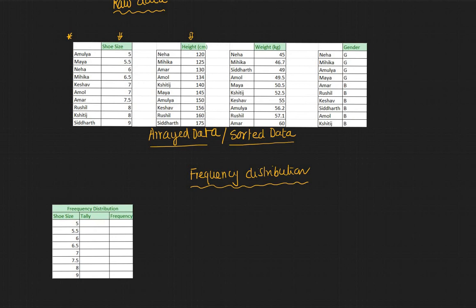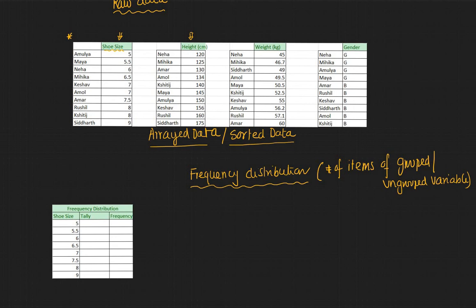By the way, a frequency distribution is nothing but here we are trying to find the number of items of a grouped or ungrouped variable. So yeah, we know what variable means. Those are shoe sizes, height, weight, etc.